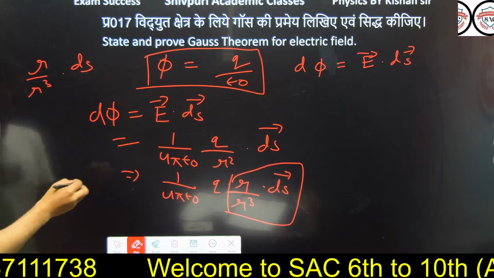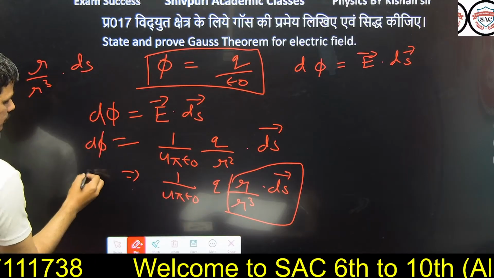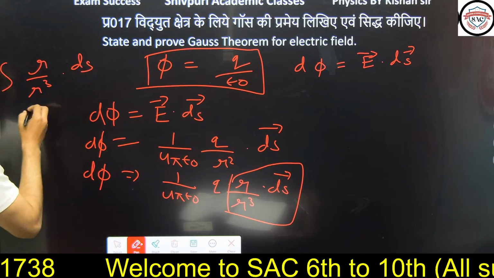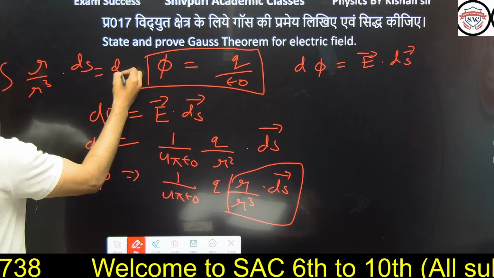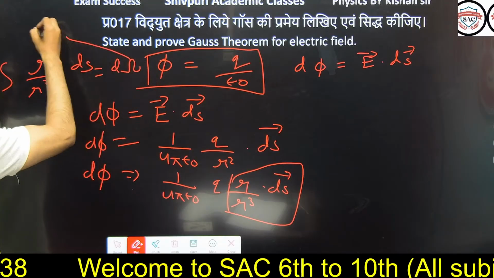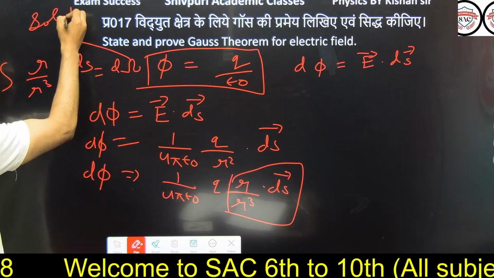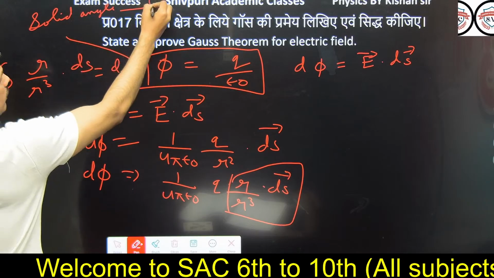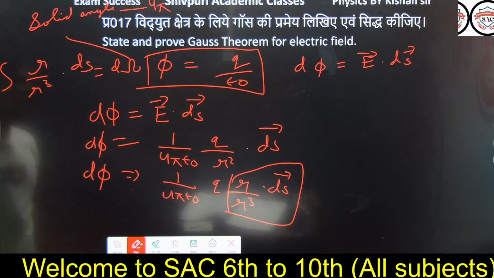If we totally integrate it, d phi, we will get a solid angle. This is referred to as the solid angle, and its value should always be 4 pi.